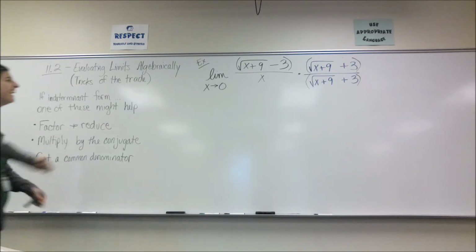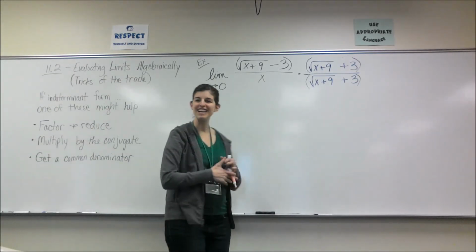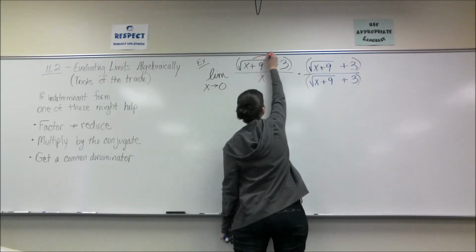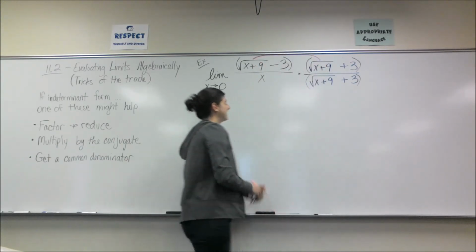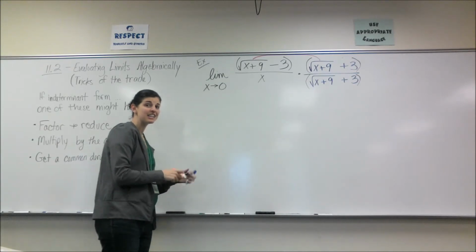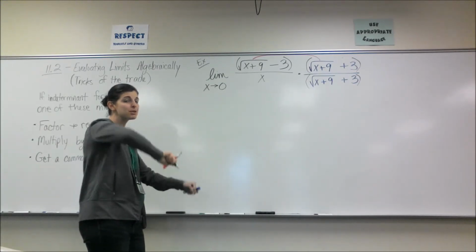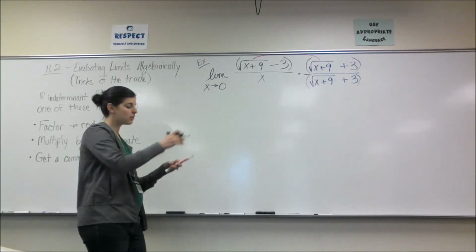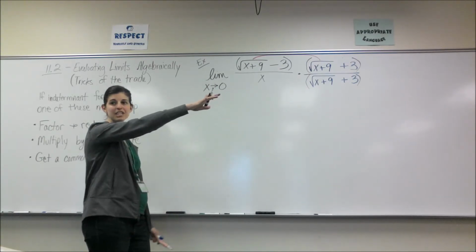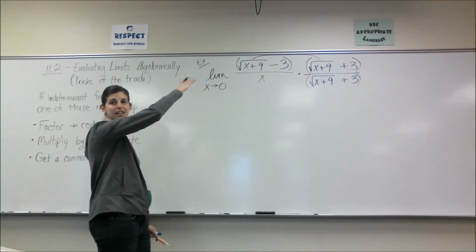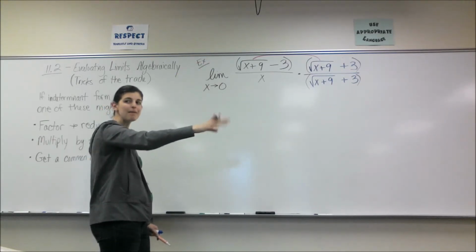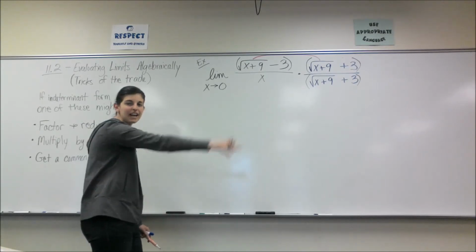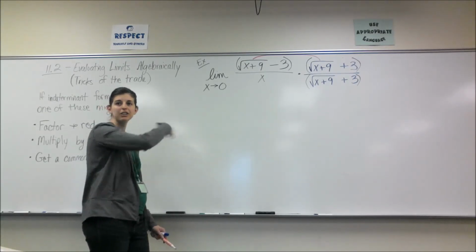It doesn't turn out as bad as you might think. I'm looking at it, like, square root of x plus 9 squared. I still have to write the limit notation. You might want to get some scrap paper going, because you don't want to rewrite this entire expression every time. Maybe multiply just the two things on the top together and simplify, without writing the denominator and limit every time.